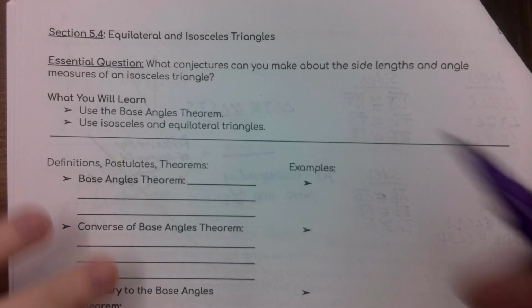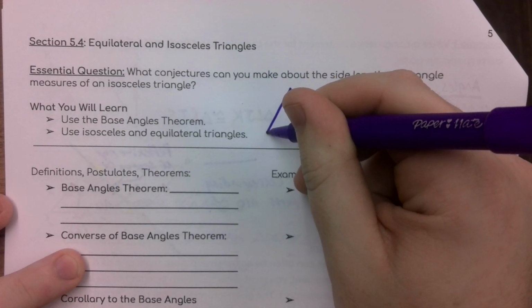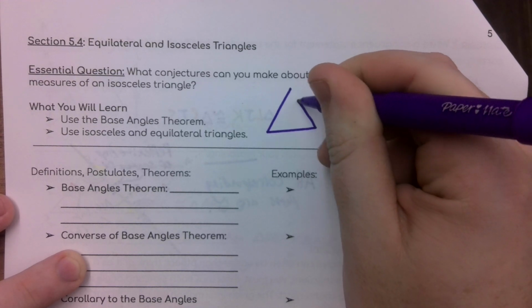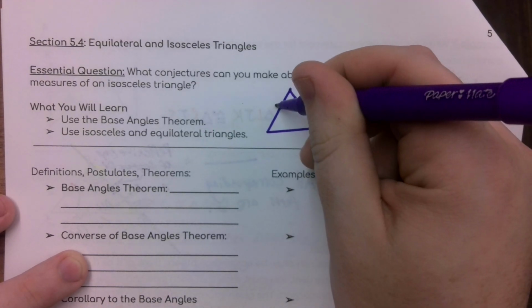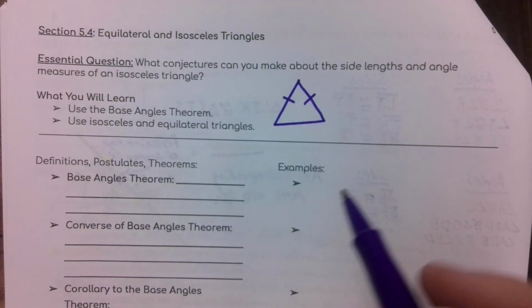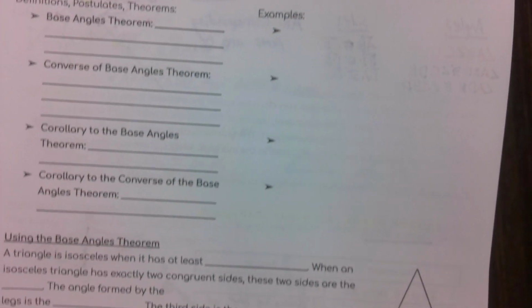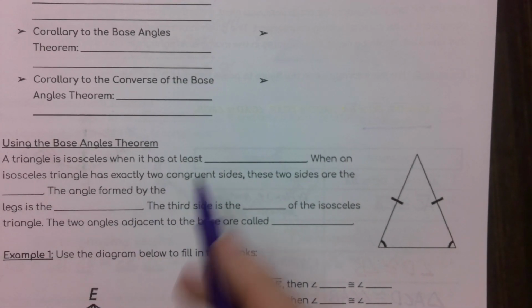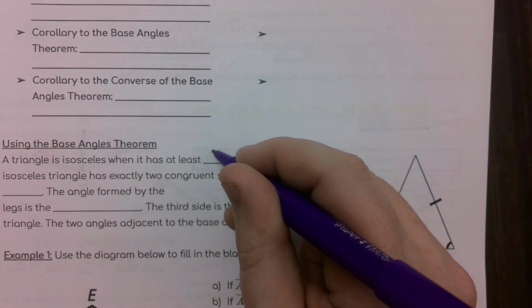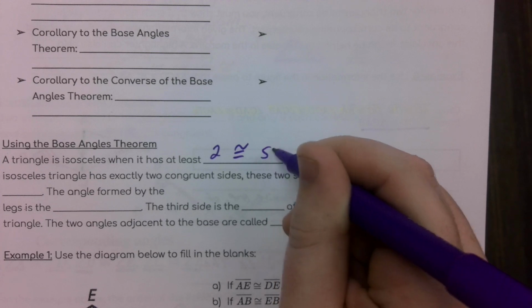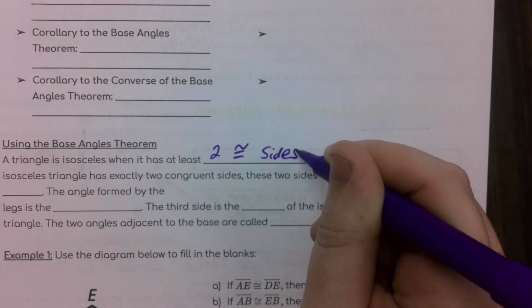Really, the main star of the show here is the isosceles triangle, which, as a reminder, is any triangle where two of the sides, or at least two of the sides, are congruent. A triangle is isosceles when it has at least two congruent sides.